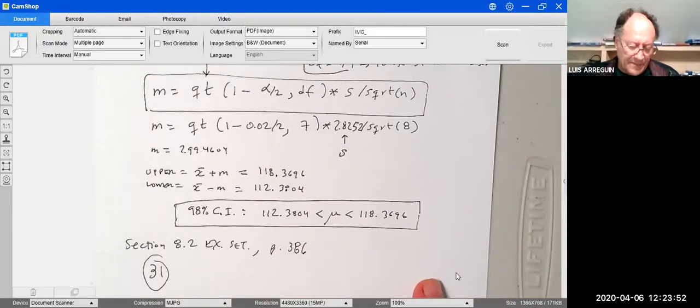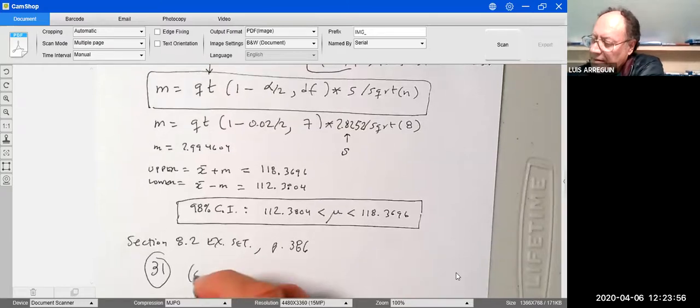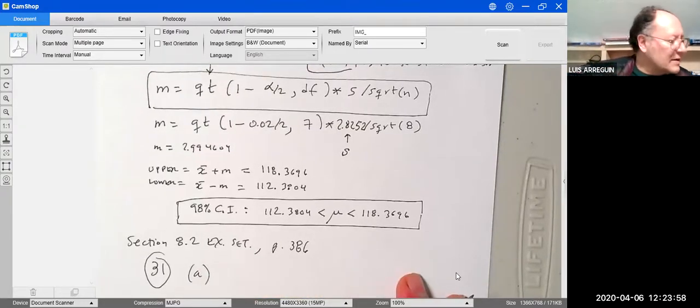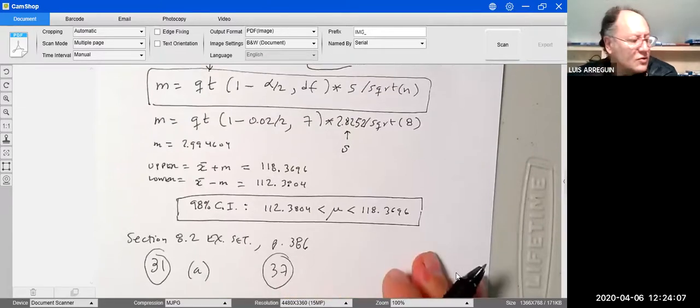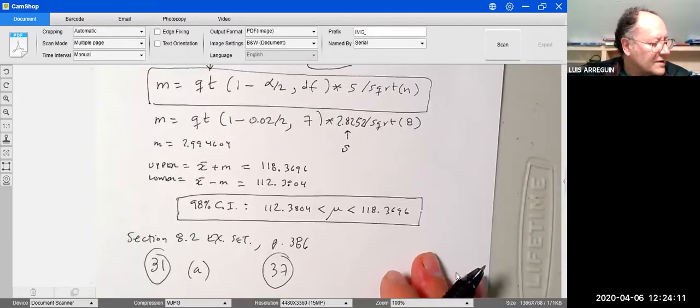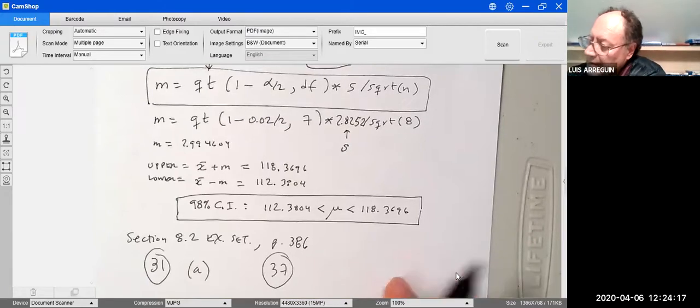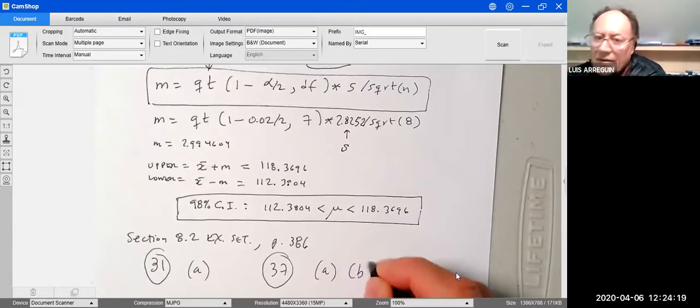Problem 31, you just need to solve part A. Then problem 37. 37 is a very important problem because you're going to have a problem like this in your exam pretty soon. So problem 37, you're going to solve part A and part B.